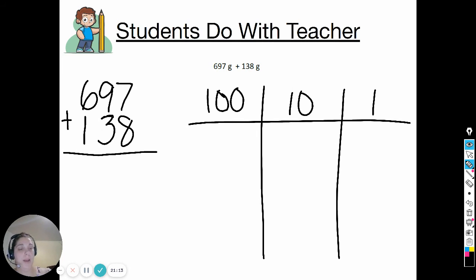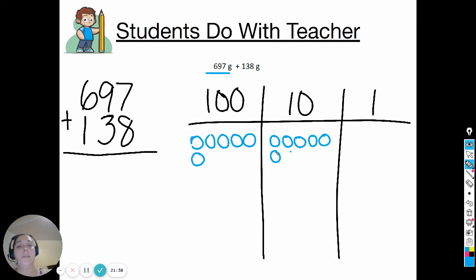Okay, let's go ahead and start with our first number, which is 697. 600, 9 tens, 7 ones. So 1, 2, 3, 4, 5, new row, 6 hundreds, 9 tens, 1, 2, 3, 4, 5, 6, 7, 8, 9.